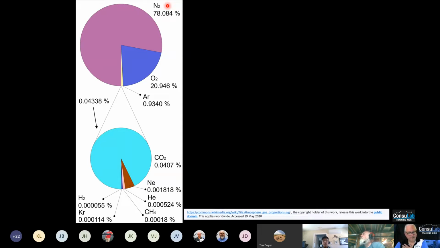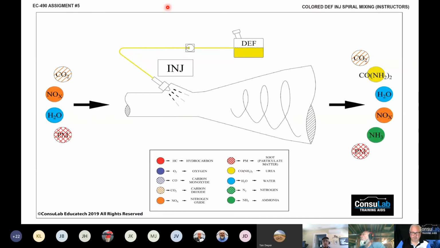There's a lot of things about Earth that are good to us, and we need that nitrogen, but it's problematic after we run it through a combustion process. So let's review again. We're going to talk about the DEF fluid and the selective catalytic reduction unit as we move along.